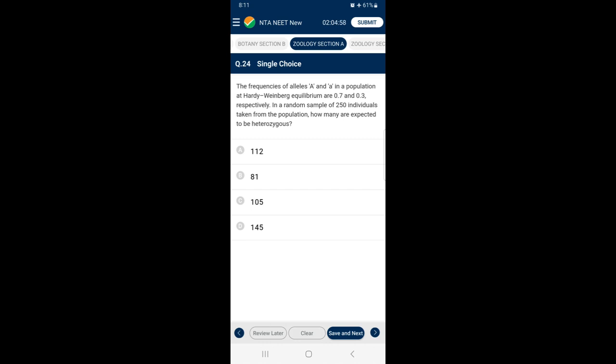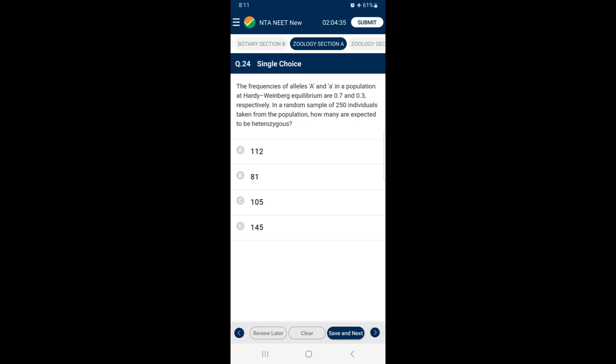Question number 24. The frequencies of alleles capital A and small a in a population at Hardy-Weinberg equilibrium are 0.7 and 0.3 respectively. In a random sample of 250 individuals taken from the population, how many are expected to be heterozygous?